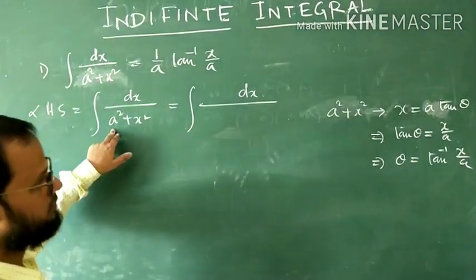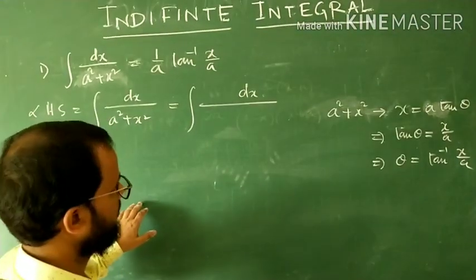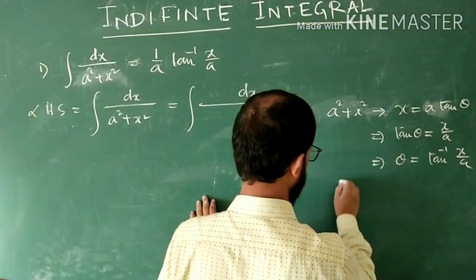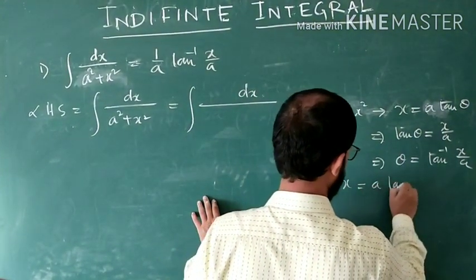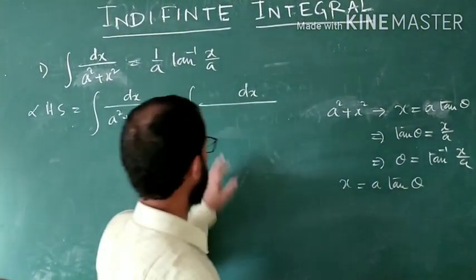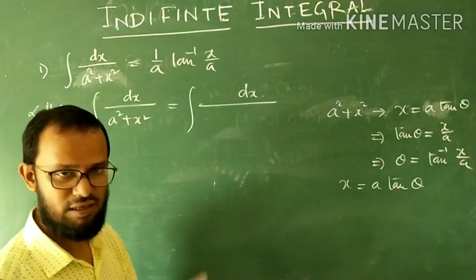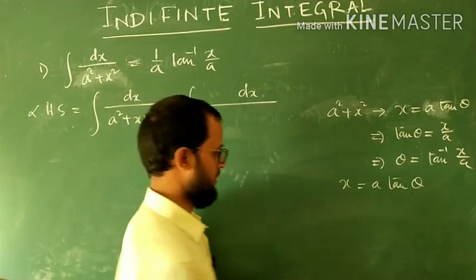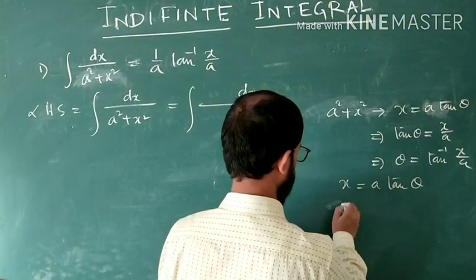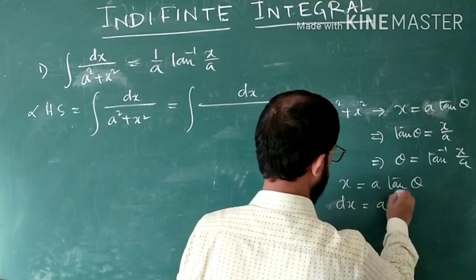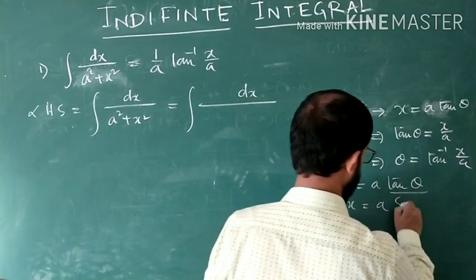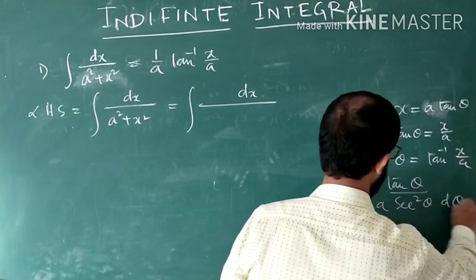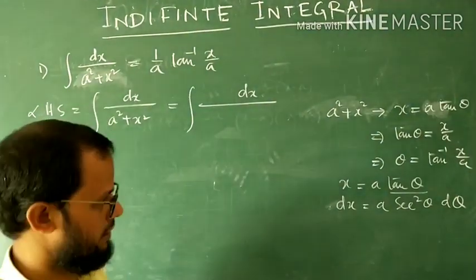now here you see you have substituted x is equal to a tan theta, so you have to convert all the x into theta, and similarly you can convert dx also in terms of theta. So what is dx? It is the derivative of tan theta, which is sec square theta, multiplied by d theta.